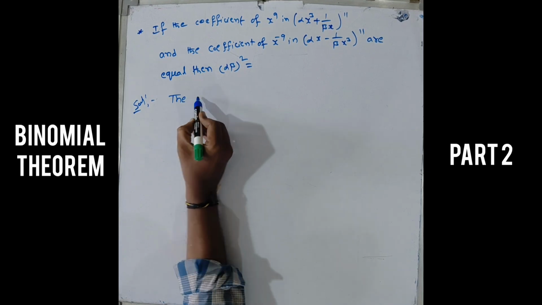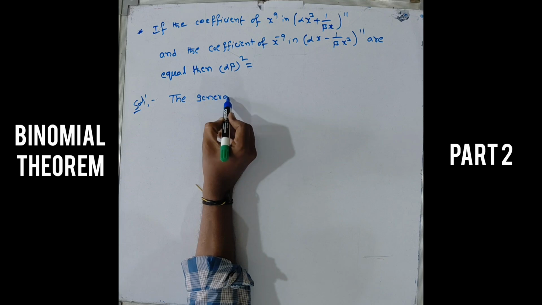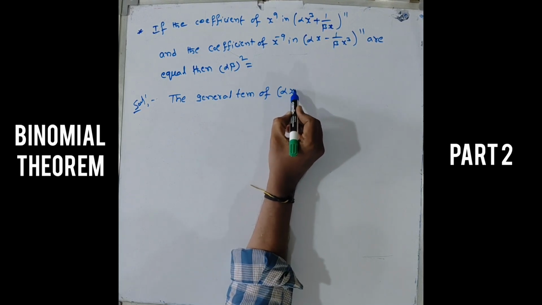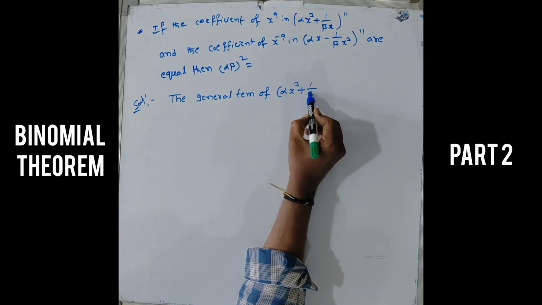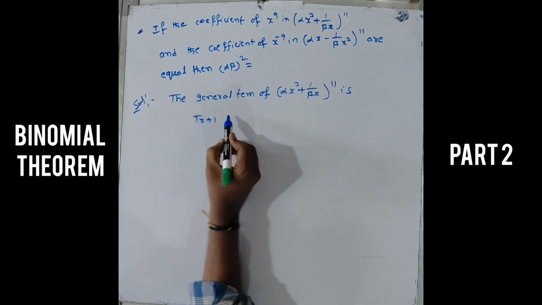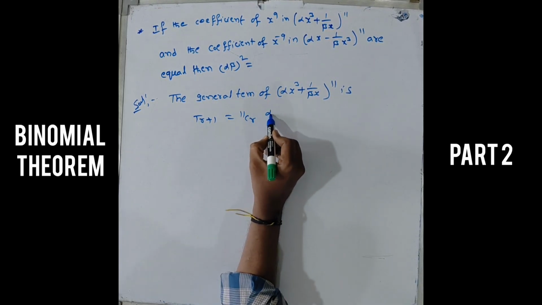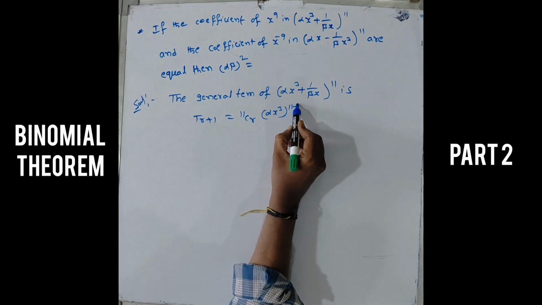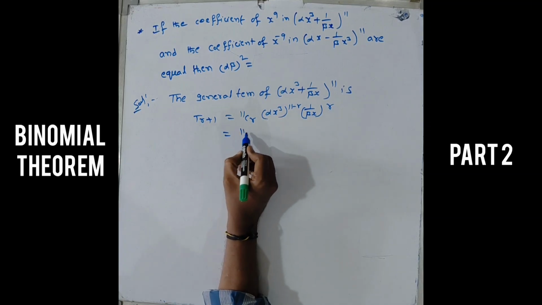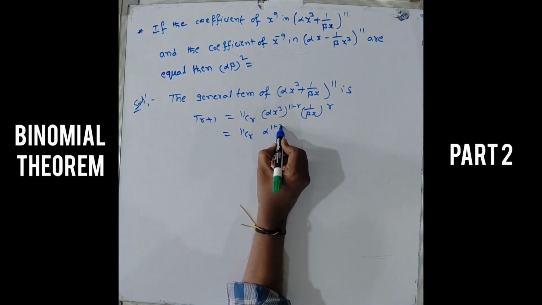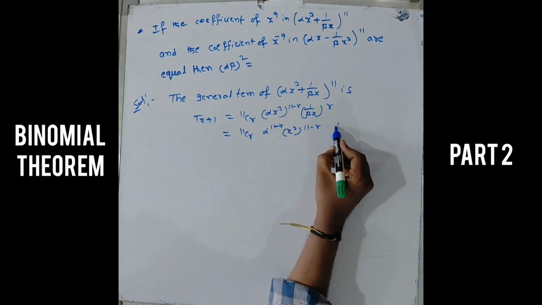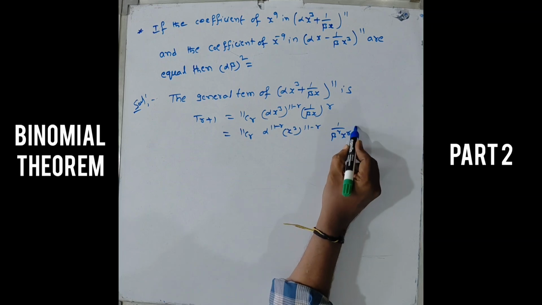The general term of (alpha x cube plus 1 by beta x) whole power 11 is T(r plus 1) equal to 11Cr (alpha x cube) whole power 11 minus r (1 by beta x) whole power r, that is equal to 11Cr alpha power 11 minus r x cube whole power 11 minus r, 1 by beta power r into x power r.